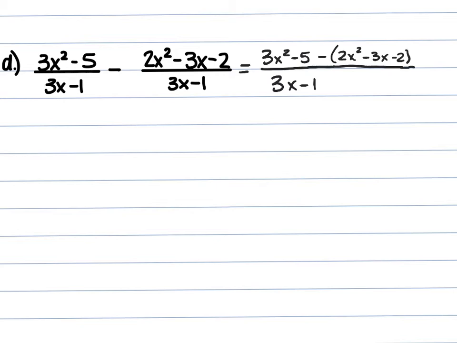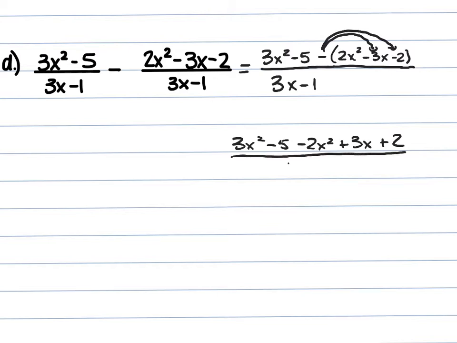I'm about to distribute that negative into everything in those parentheses. So we get 3x squared minus 5 minus 2x squared. This negative is being distributed here, and a negative times a negative, for those of you who are having side conversations, will be a positive. A negative times a negative again will be another positive, all over 3x minus 1.